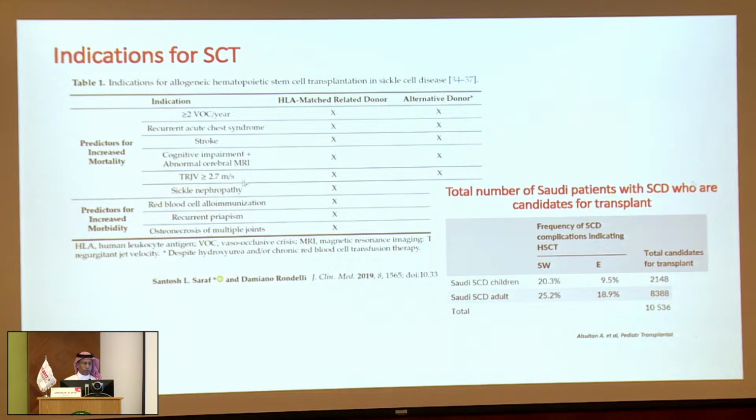And patients with pulmonary hypertension, and patients who develop sickle nephropathy are legitimate candidates for transplant. However, patients with chronic problems like alloimmunization, recurrent priapism, and osteonecrosis, and the list is long, can be included in the list to transplant.